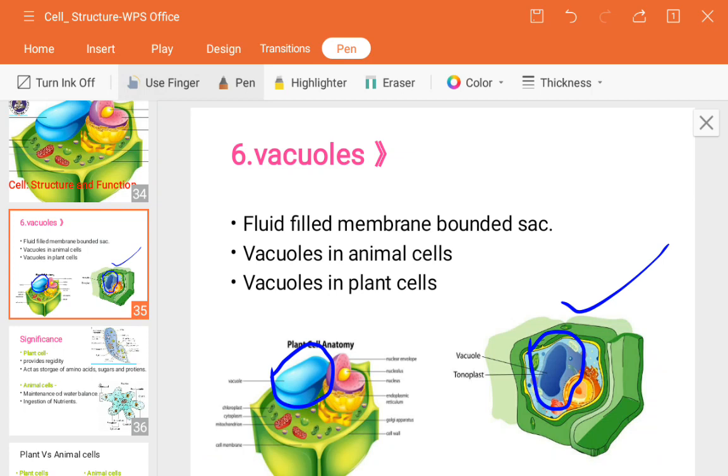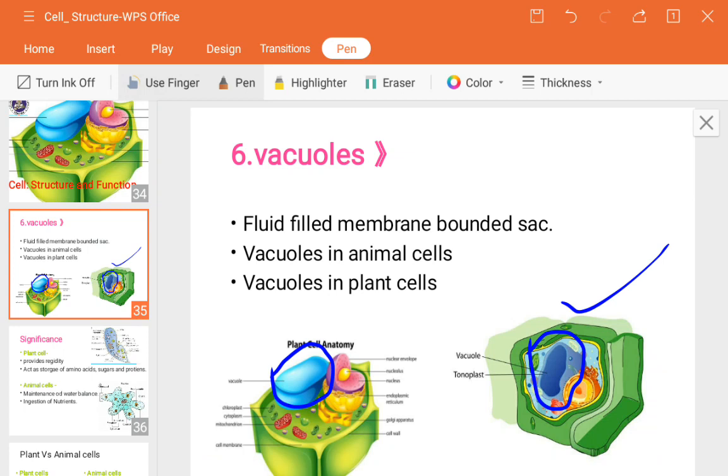Now here, the vacuoles are present in both animal cells and plant cells. Till now we have seen which organelles are not present in animal cells. In the animal cell only, the plastids or chloroplasts are absent, because human cells are not able to synthesize any type of food material.